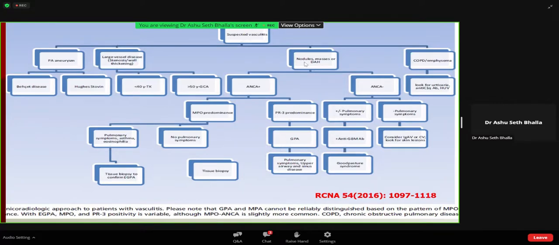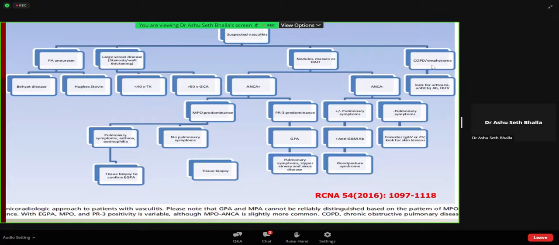If we have a situation where we have nodules or masses or DAH, we are looking at ANCA, whether it is positive or negative. If ANCA is positive, we are looking at MPO or PR3 predominance, and then we have already discussed how we go on to classify it. If it's negative, then again we are looking for immune complexes. If they are present, we are labeling it as anti-GBM disease.